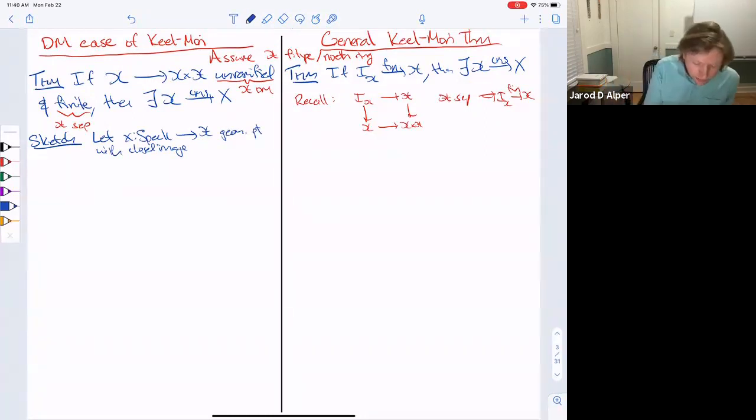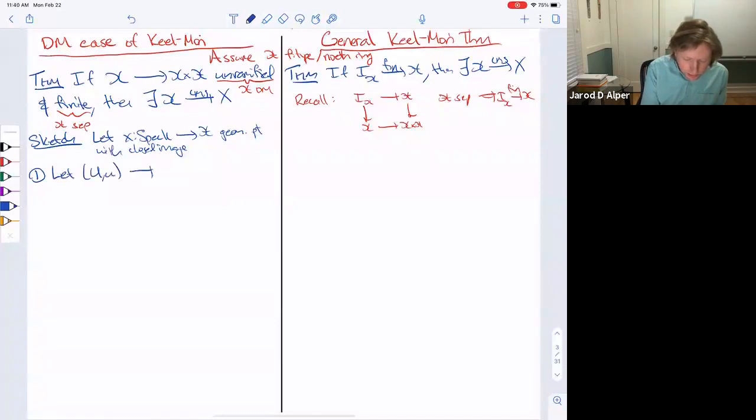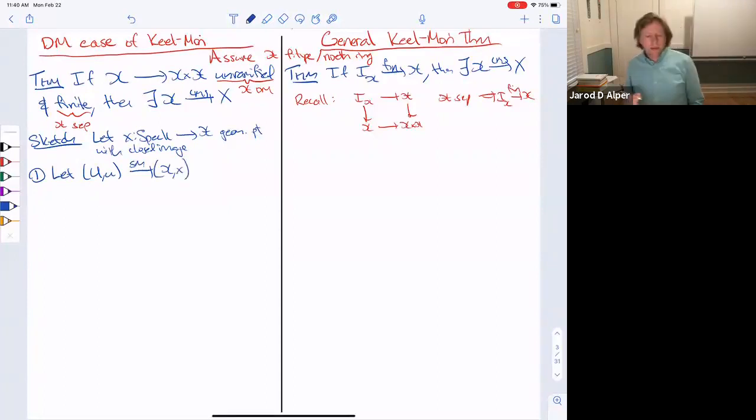So the first step of this argument is, let's let U to X be an arbitrary smooth map, a smooth neighborhood of our point. We know this exists because it's an algebraic stack. This is essentially the argument that we use to show that if the diagonal is unramified, then it's in fact Deligne-Mumford.